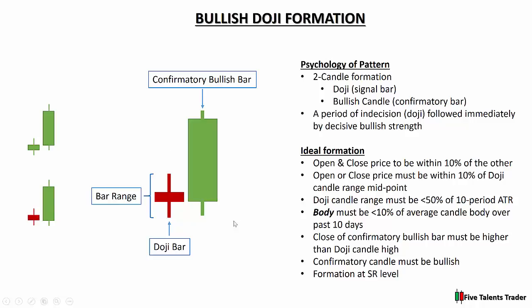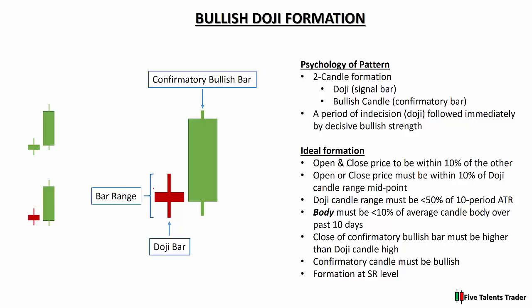And then there is, for the bullish doji formation, a confirmatory bar, which is a bullish bar. So this must be a green bar, a bullish bar. Now, what's the psychology behind this? The doji bar represents a period of indecision where the sellers and the buyers were not too sure what they were looking to do.